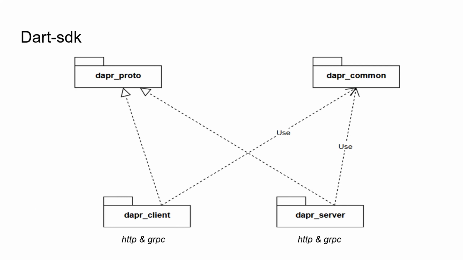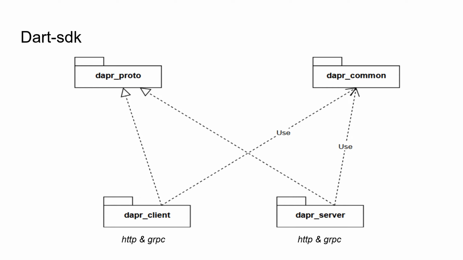First of all, I currently kept the SDK in 4 different small packages. Dapr client allows client applications to communicate with your Dapr sidecar. Dapr server is the API that enables you to write Dapperized services such as subscribers, method invoking and input bindings.